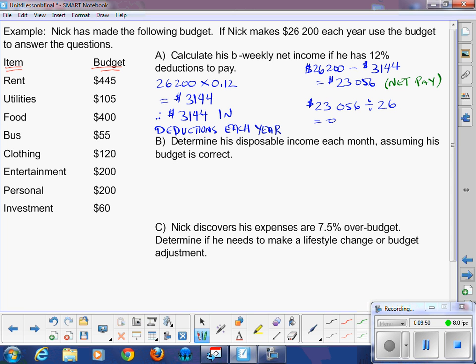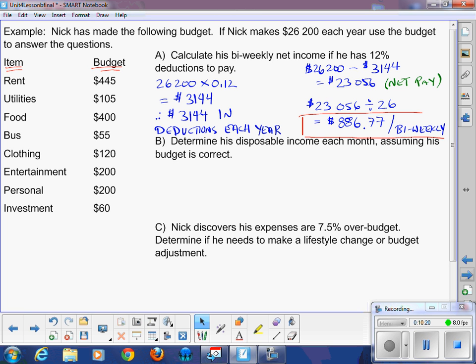So he will be getting $886.77. Sorry, that's not per month, that's every 2 weeks. So biweekly. All right, so there's your answer right there. So every 2 weeks he will get a paycheck for just under $900.